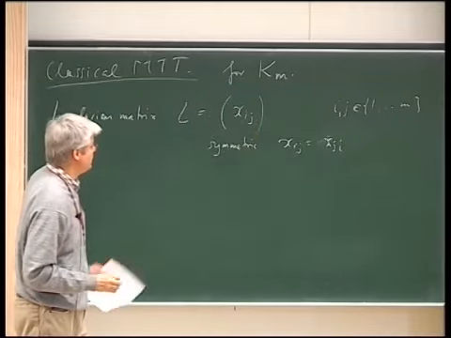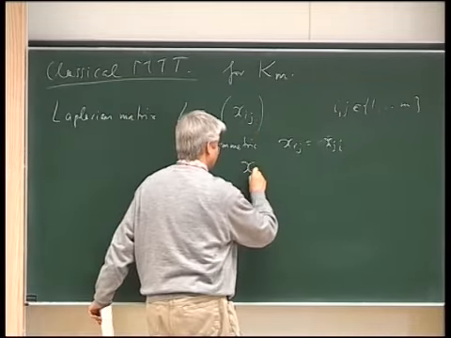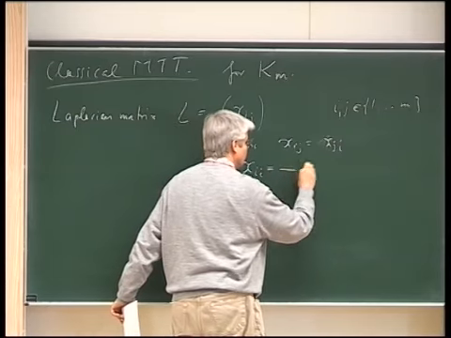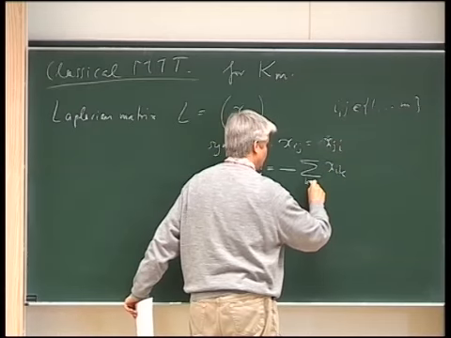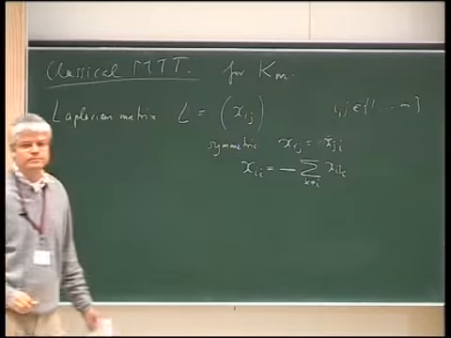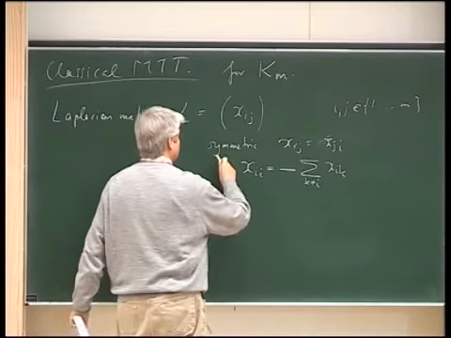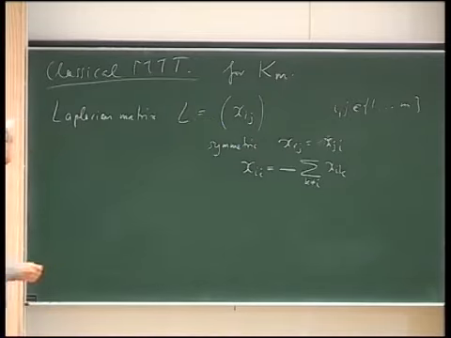And I really don't have the diagonals. In fact, for the diagonals, I'm going to take xii equal to minus the sum over the xik's, where k is different from i. And this is really the Laplacian matrix for this complete graph.